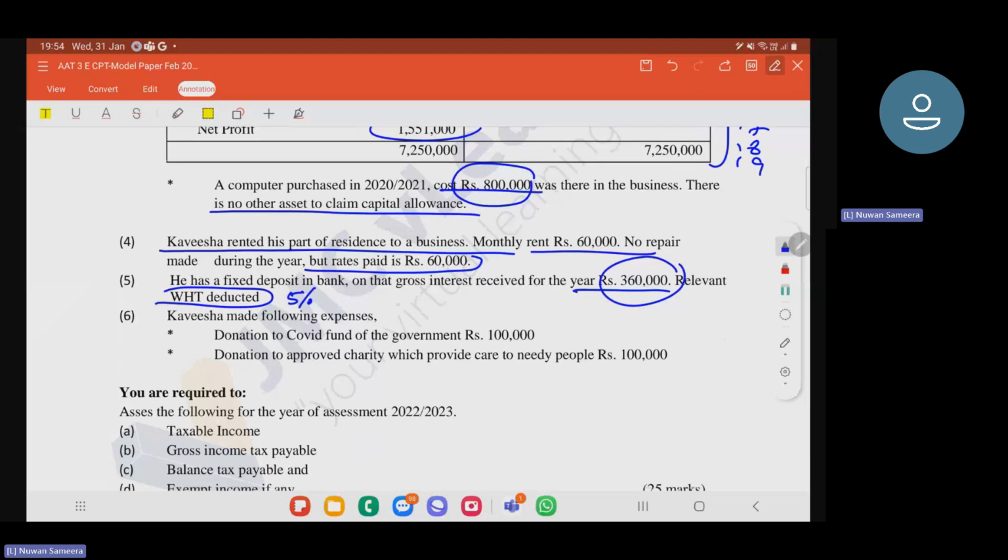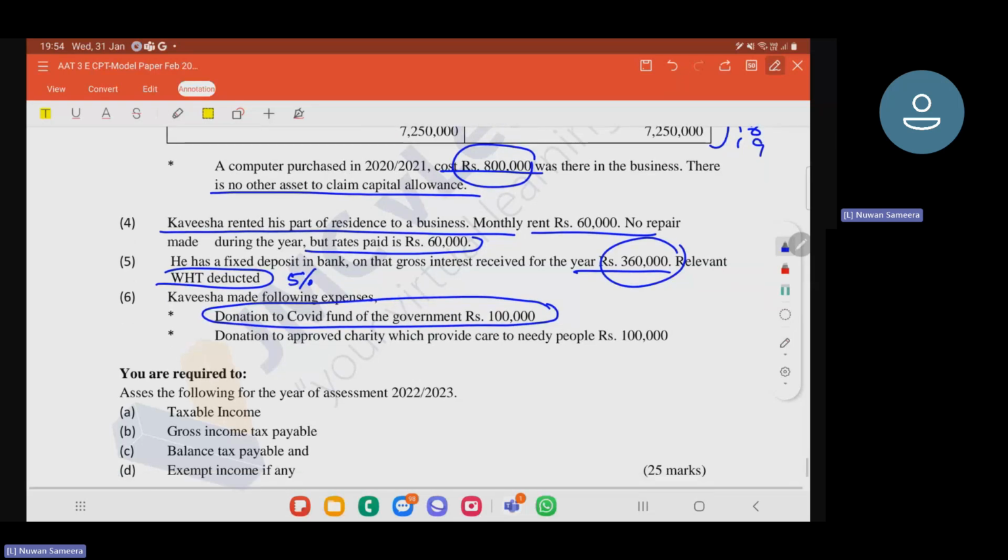However, there are two kinds of donation. For the COVID fund, Sarana fund, kidney fund, or donations to a government school, government hospital, government institution, university, or any government-approved fund, whether in cash or goods, there is no restriction.